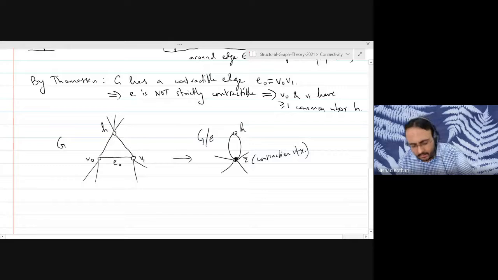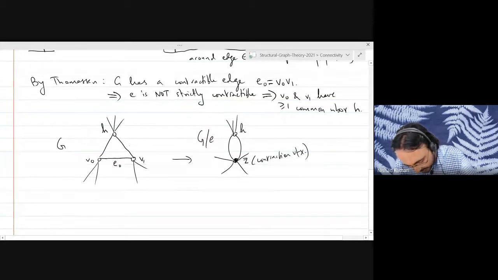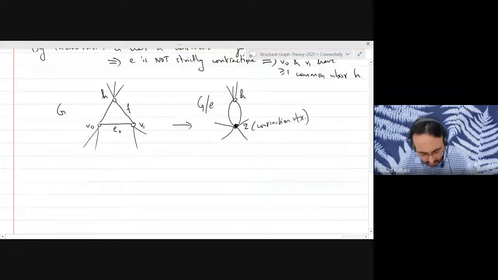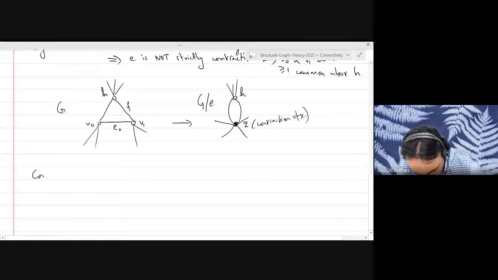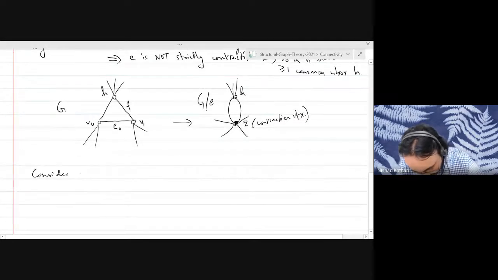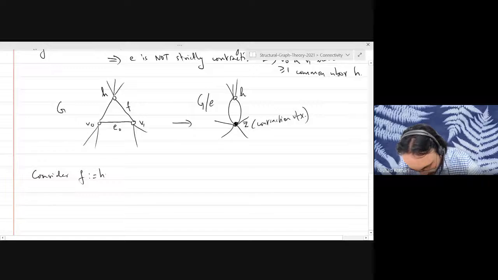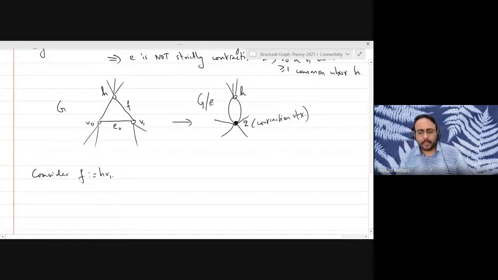All right. Let me look at this edge, HV1. Let me call this F. Consider F to be the edge HV1. If we delete this edge from the original graph, we will get a simple graph.